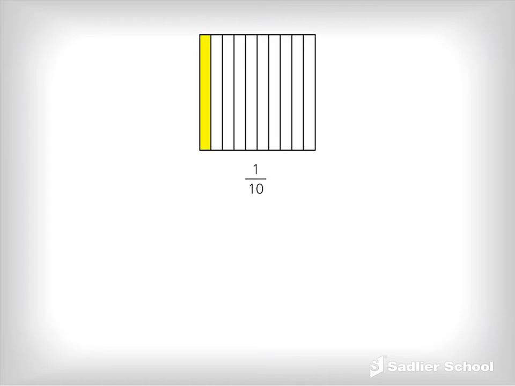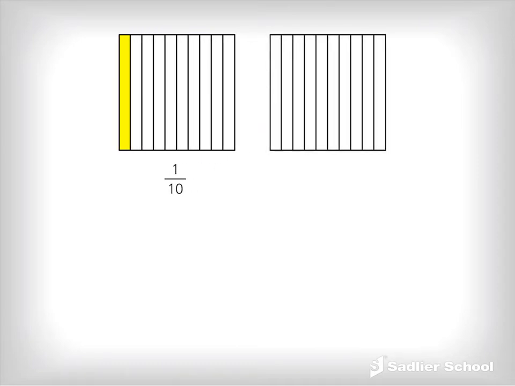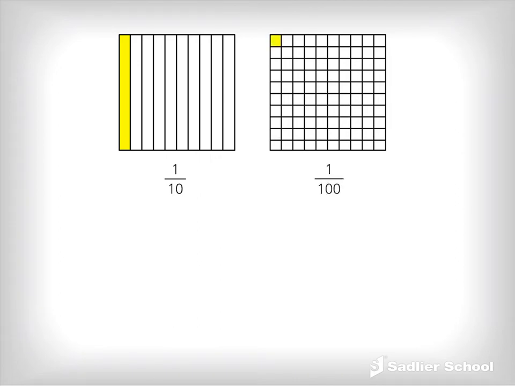Now let's compare the models for 1/10 and 1/100th. To model 1/100th, start with the same size tenths model as we used earlier. Partition each tenth into 10 equal parts to get 100 equal parts. Then shade one part. The equation 1/10 divided by 10 is equal to 1/100th represents the work we did to model 1/100th.